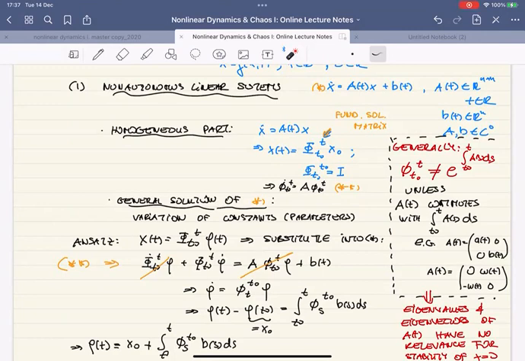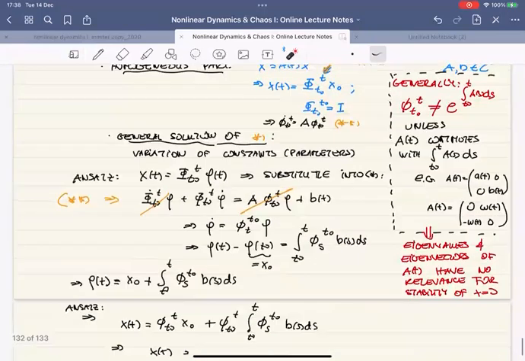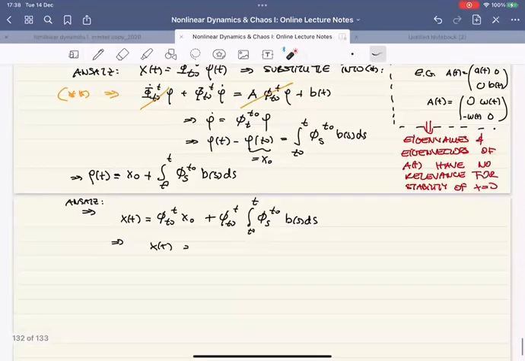Now, could I have evolved in one shot to that point using the same solution operator? Yeah, there was no need to stop. So this one from here to there was phi from T naught to an intermediate time, and then from the intermediate to a finite time, there was another phi, but that's just the same as taking phi from the initial time to the finite. That would be one of the group properties that this fundamental matrix solution satisfied.